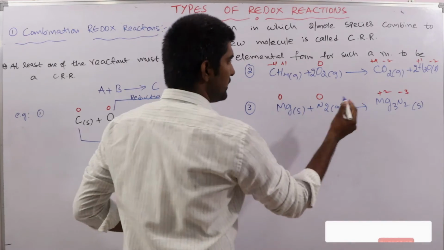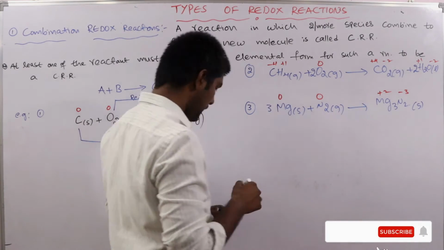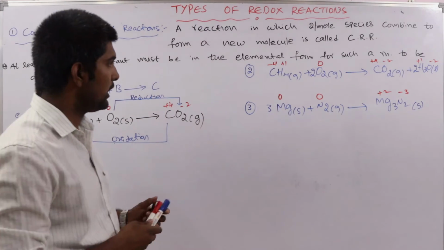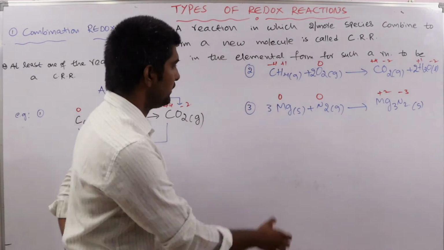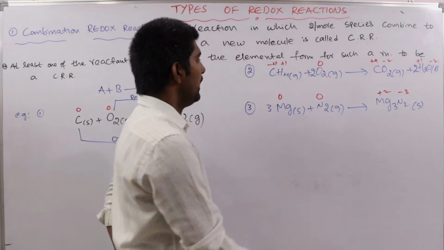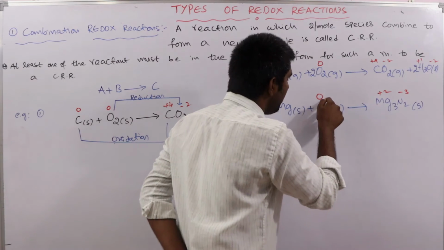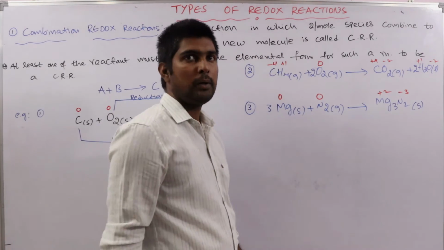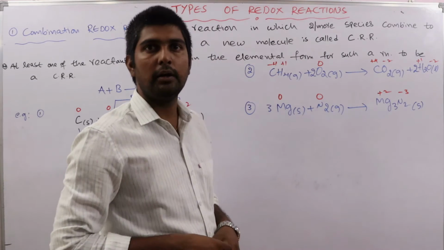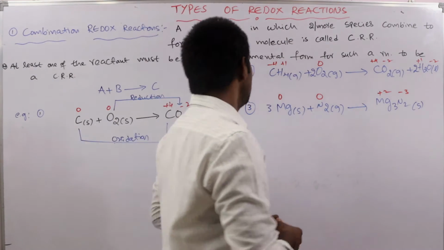If you balance this reaction, here we get 3 moles of magnesium. So what is happening? See, magnesium 0 to +2, so it is undergoing oxidation. And what about the nitrogen? It is changing from 0 to -3, which means it is undergoing reduction. So this is a combination redox reaction. Right?